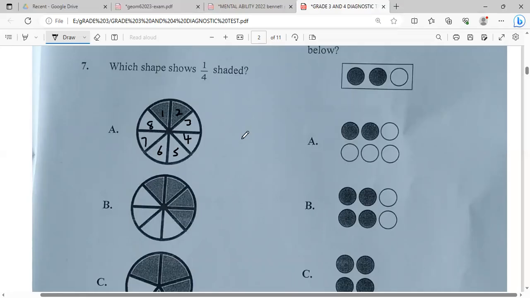So the parts are cut up in 8, that's our denominator. And how many are shaded? That is 2. Now 2 over 8 can be broken down because 2 goes into 2 one time, and 2 goes into 8 four times. So our answer would be A. Let's move on to number 8.